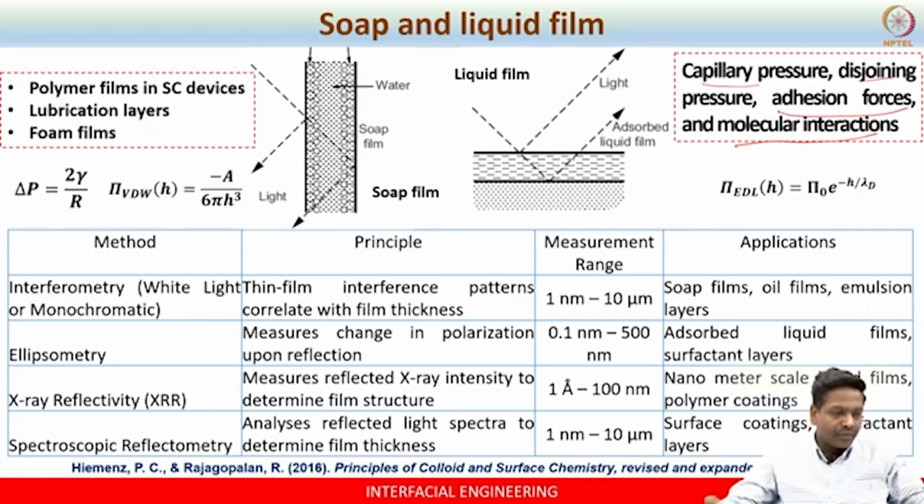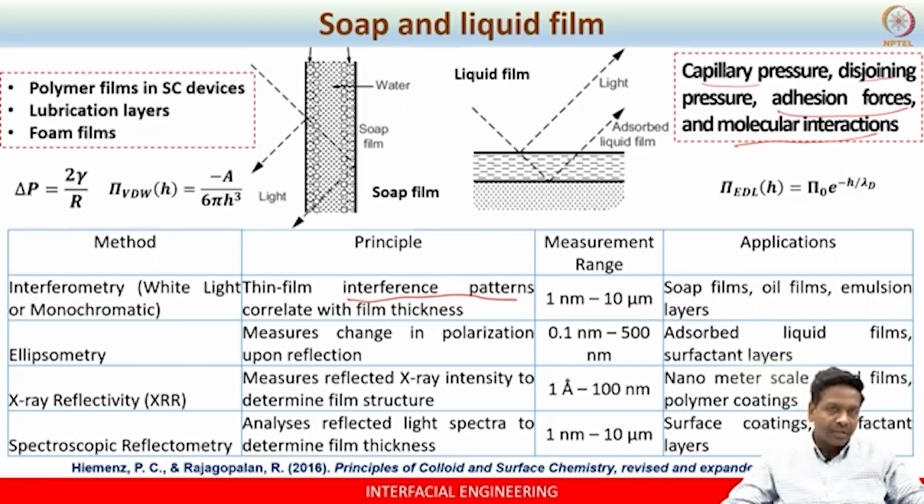In the case of interferometry, based on white light or monochromatic light, you will be measuring the film thickness by generating the interference pattern, right. So based on this interference pattern, whether you use white light or monochromatic light, you will be able to determine the film thickness.